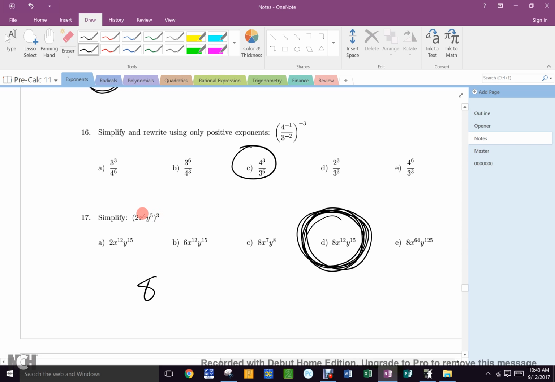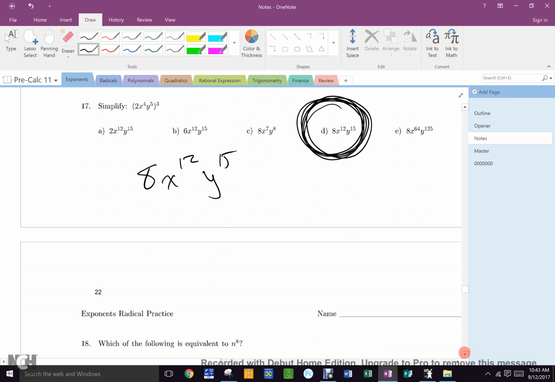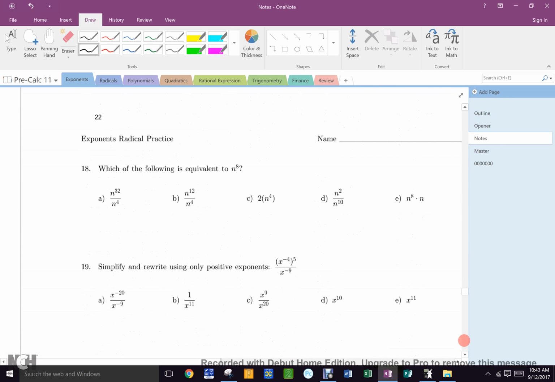So that's x to the 4th 3 times, right? X to the 12th. And y to the 15th. D. Okay? Can we go on? Are people done the 4th page, page 22? No? Okay. It is 10:43. We got plenty of time still. 3 minutes. I'm marking the 4th page.